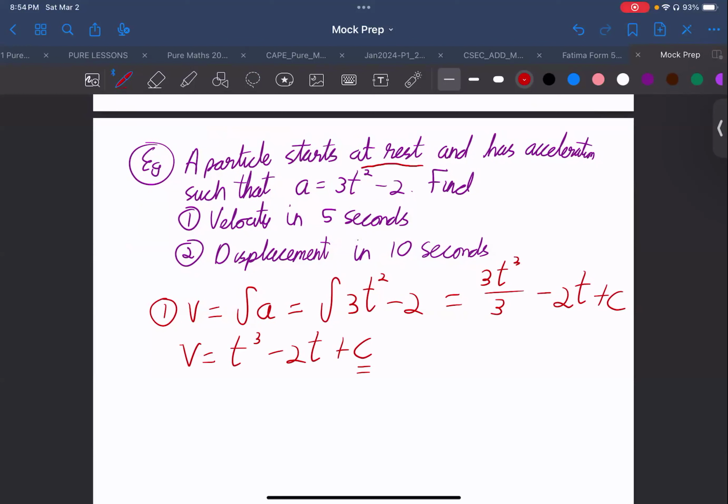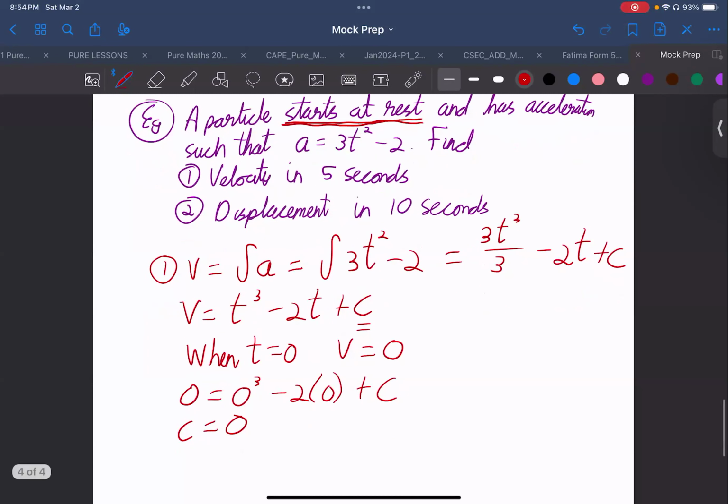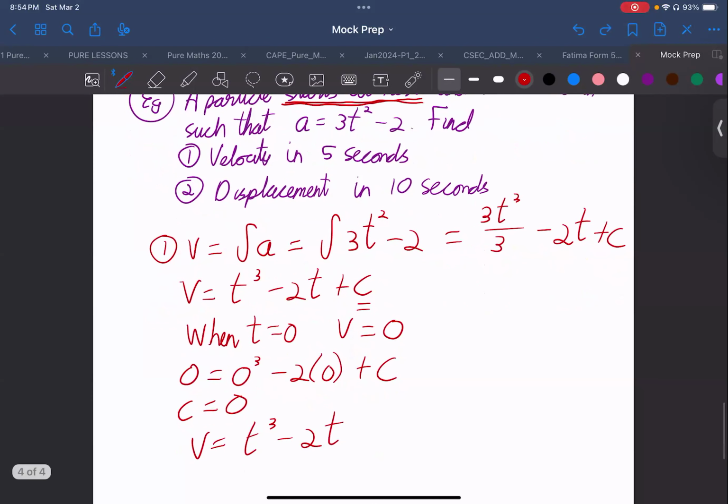They say it starts at rest, which means that when t equals 0, V equals 0. So 0 cubed minus 2 times 0 plus c, so c is 0. And then finally, in 5 seconds, it will be 5 cubed minus 2 times 5, 125 minus 10, which is 115 meters per second.